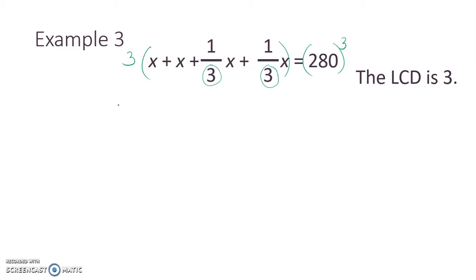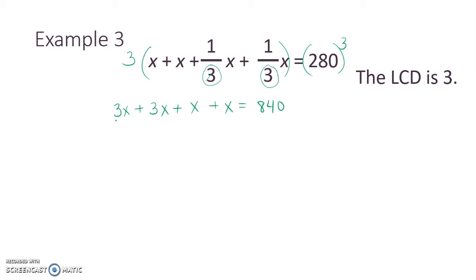So we'll have 3 times x plus 3 times 1/3 x plus 3 times 1/3 x. Well, our 3's will cancel. We'll just be left with 1x. Again, our 3's will cancel here, so we'll just be left with 1x, equals 280 times 3, which is 840.